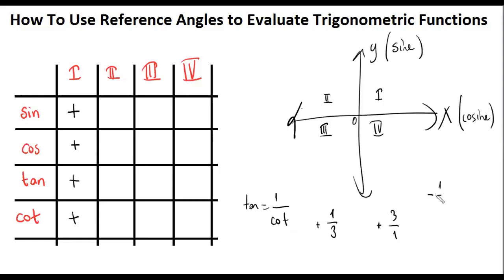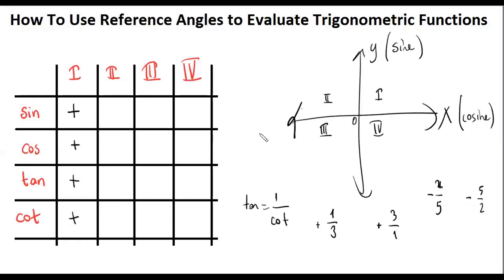The reciprocal of negative 2 over 5 is negative 5 over 2. We don't change the sign. That's why tangent and cotangent always have the same signs. So again, in the first quadrant, sine, cosine, tangent and cotangent are all positive.